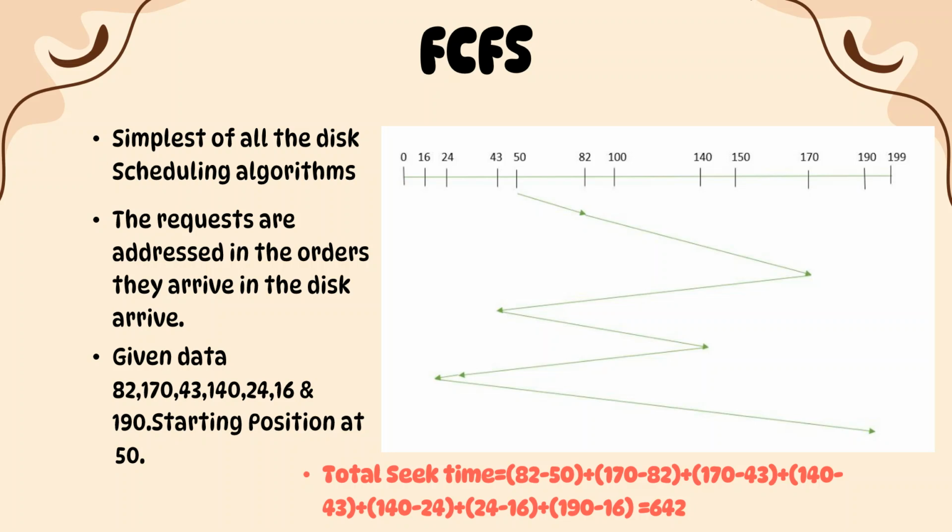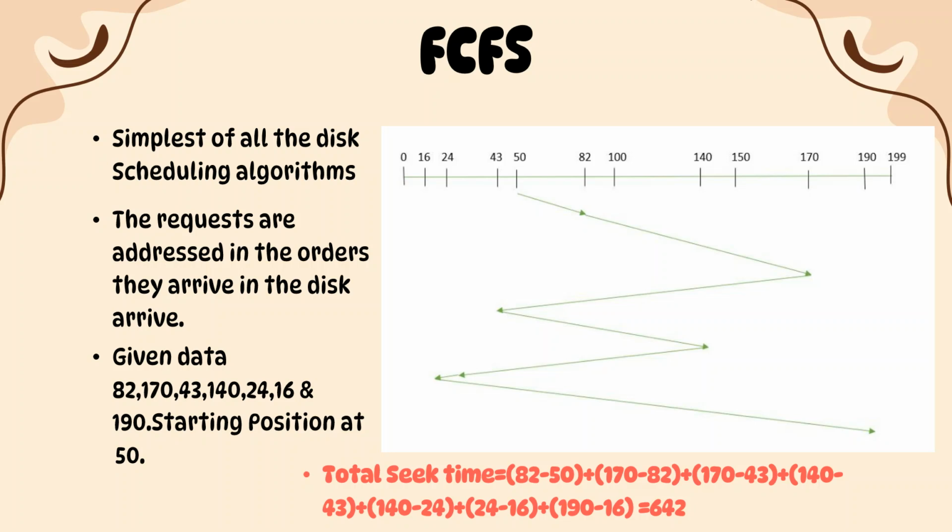After that, the data is available at position 170. Now the read and write head is moved to 170, so we move from 82 to 170, and after that 43. Hence the head should move from 170 to 43. This will take some time, since each read and write head movement takes time.